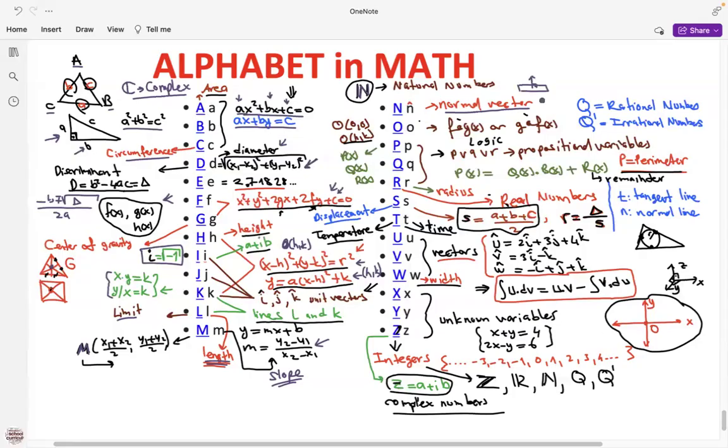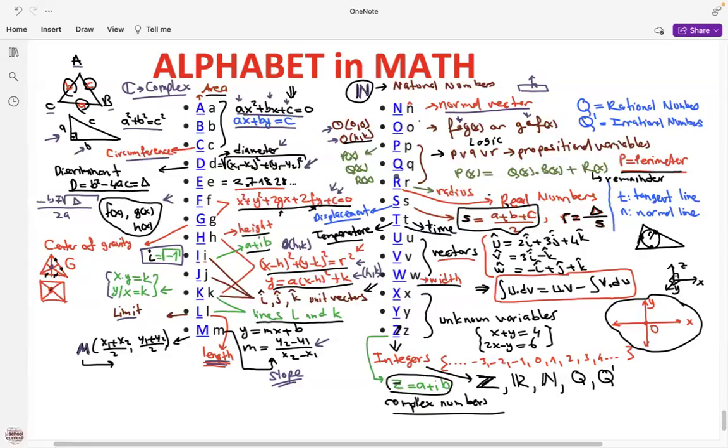O is used for the center of the circle or the origin of the coordinate plane, as we mentioned here. And small o is used when we are composing functions, as in f of g of x or g of f of x.